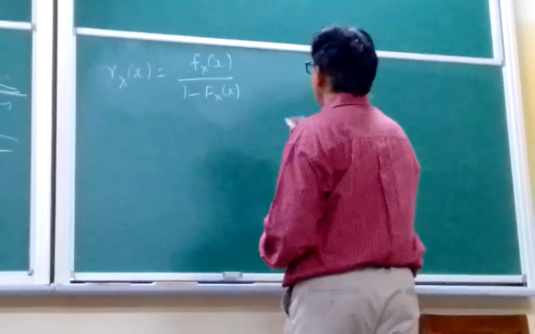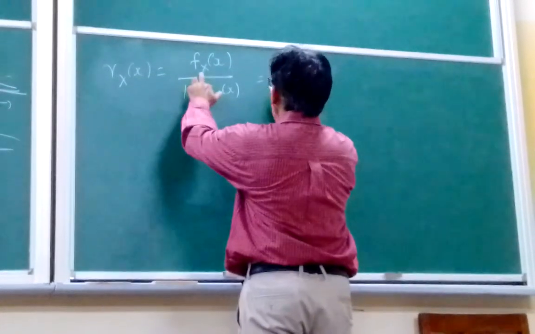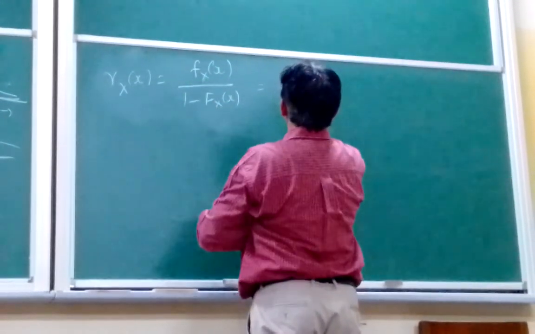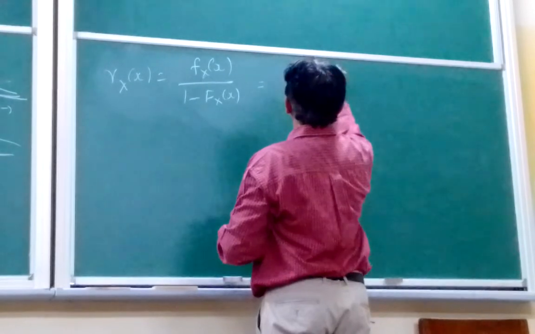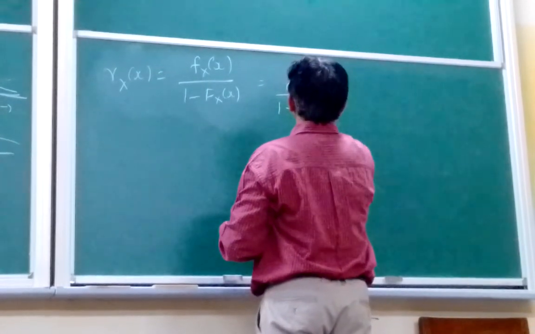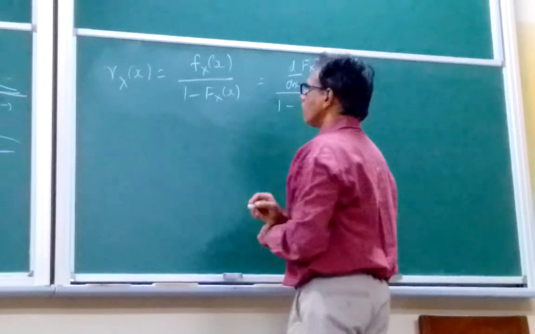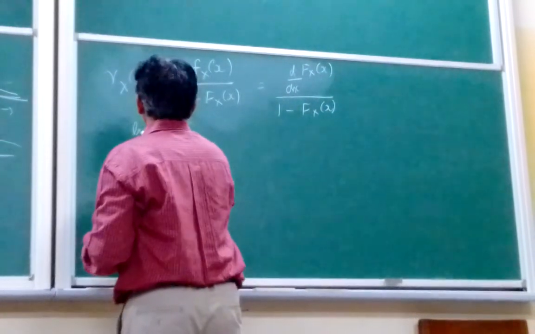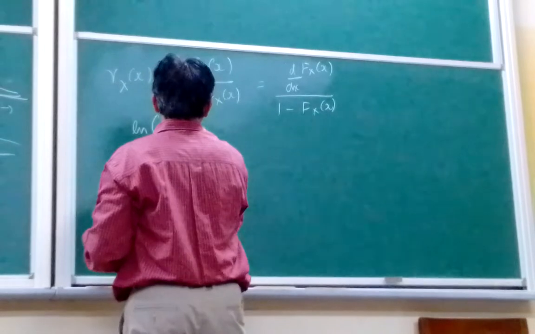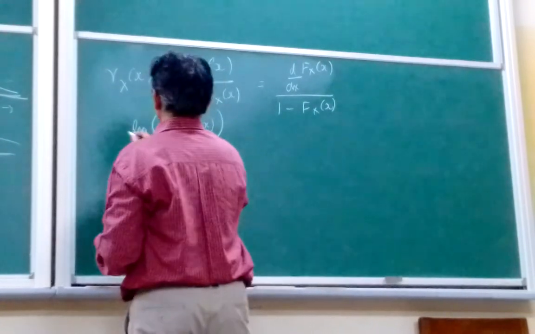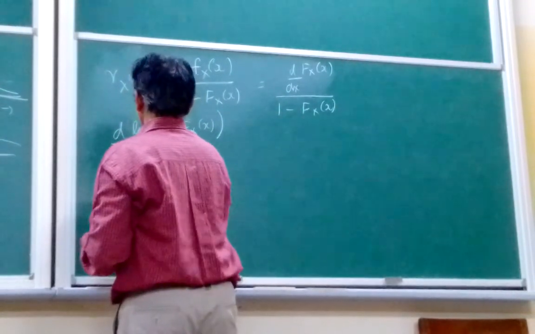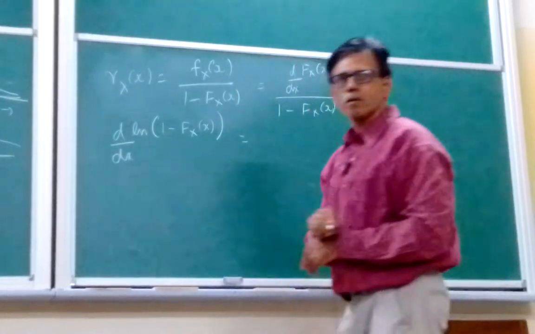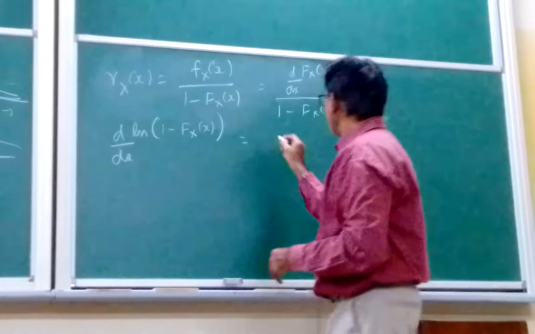So what we can write is, this is d by dx of Fx of x divided by 1 minus Fx of x. Now, if I compute ln of 1 minus Fx of x and then d by dx, what do I get?